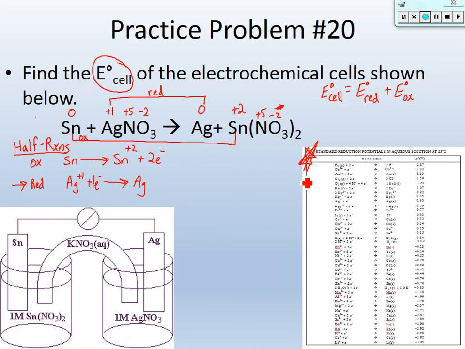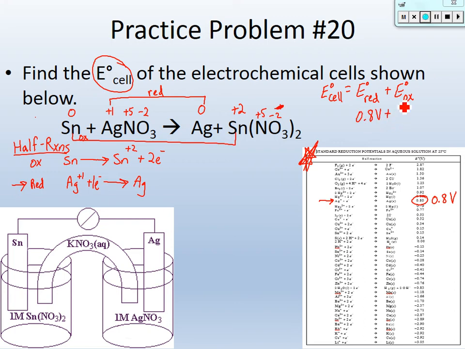Ag plus 1 electron goes to Ag. And where do we see that at? It's near the top, or closer to the top, so it's right about here. And its voltage, the potential, is 0.8 volts. Okay, so I can actually just plug that in here, 0.8 volts.